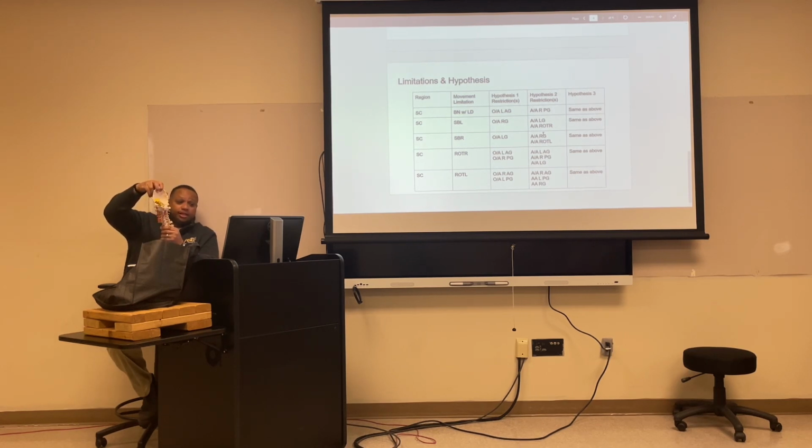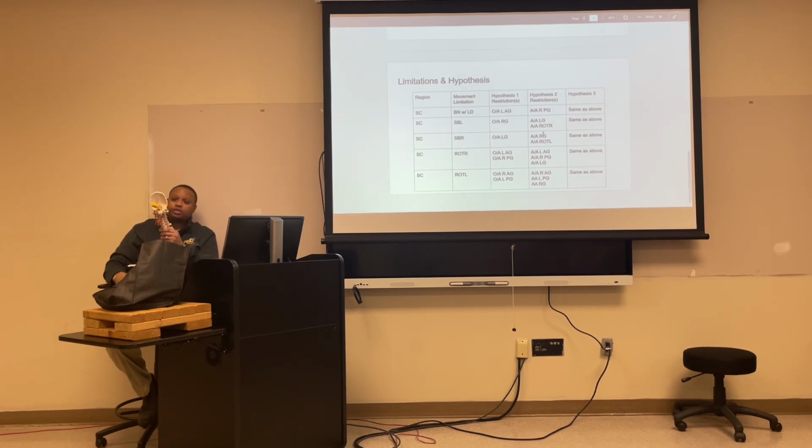Again, rotation to the left, the AA has to be able to glide posteriorly to the left, and atlas has to glide anteriorly to the right. So the atlas has to move to the right anteriorly, and left side moves posteriorly.